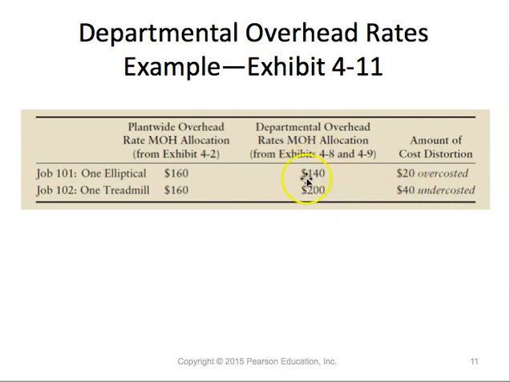So these are the real numbers, closer to each individual job, and this is what we have using the overall plant-wide overhead rate. So we will see the difference here. So we see overcost or undercost based on the plant-wide overhead. This is called cost distortion.